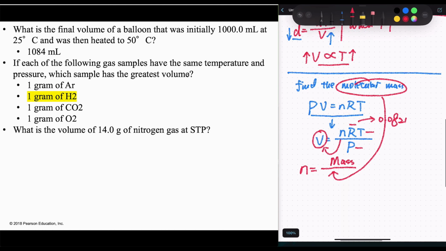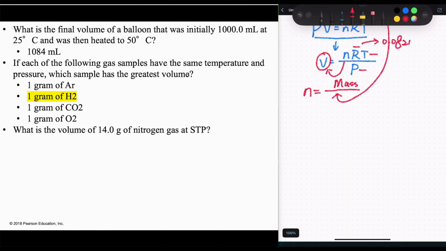The next question is asking: what is the volume of 14 gram of nitrogen at STP? As we discussed, under STP, 1 mole of gas will always have a volume of 22.4 liter. So this question is asking the volume of 14 gram of nitrogen.